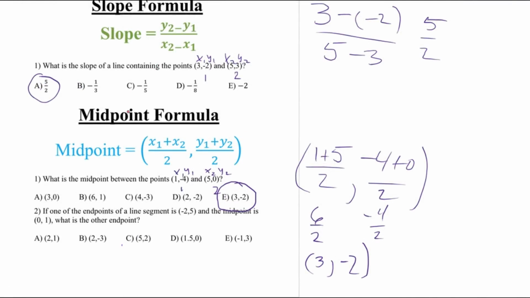The left endpoint is negative 2, 5, and the midpoint is 0, 1, which would be the point in the middle. We simply count from negative 2 to 0. We're moving up 2 units, so we move up 2 more units to 2.